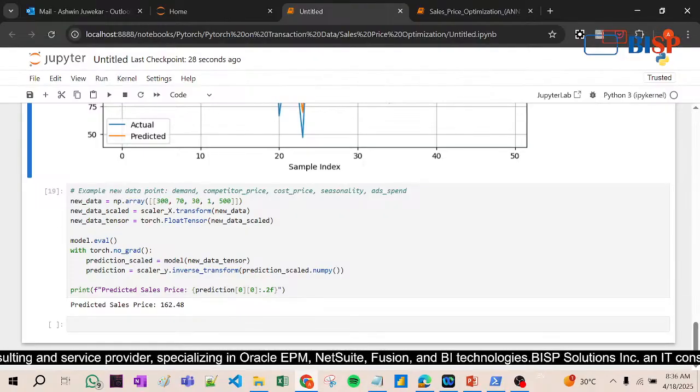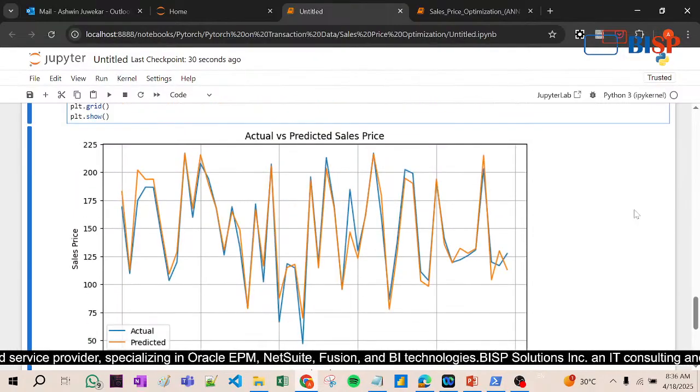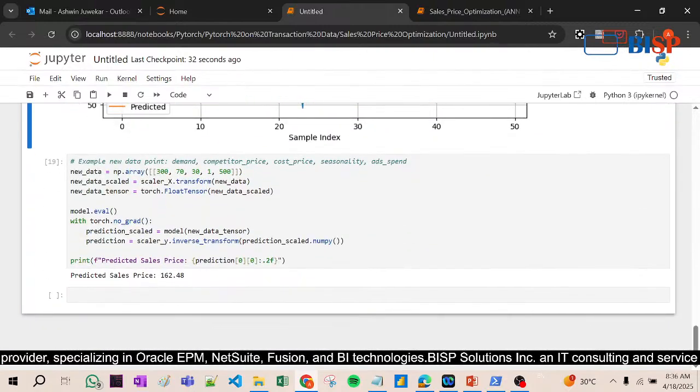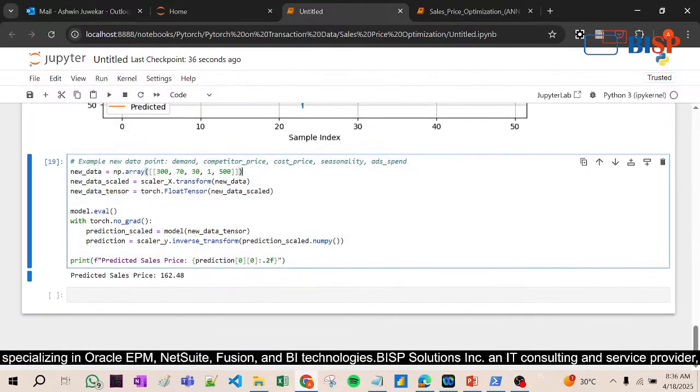And now finally, when we are satisfied with this graph, that okay, there is not much difference, then we provide the new data which is totally new, and we tell the machine this is the testing. Now this part is the testing part, this is not the training part. Now it has evaluated the price of your item, correct? Whatever item you are selling, when you provide this type of parameters there, on the basis of that it calculates whatever the reasonable price will be.